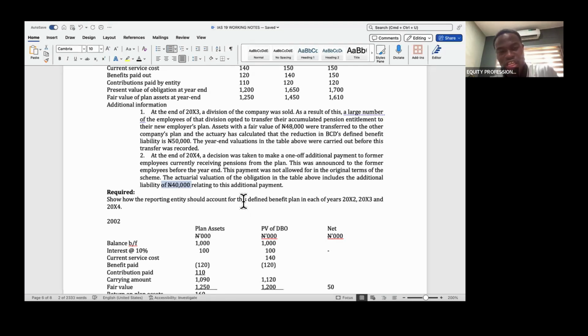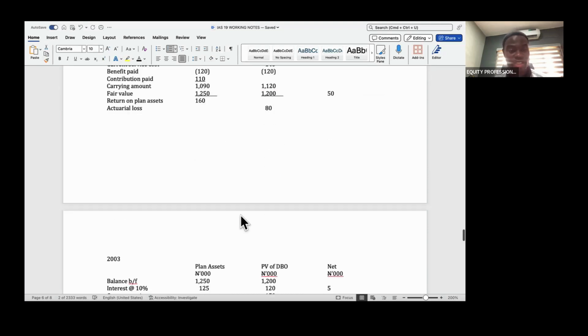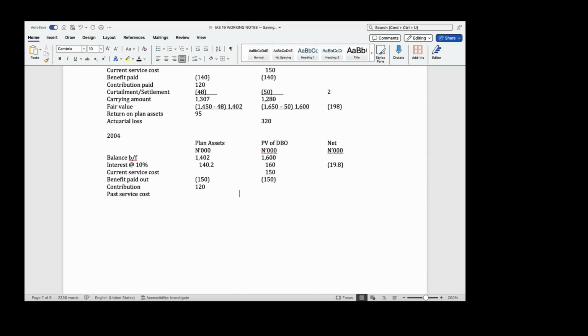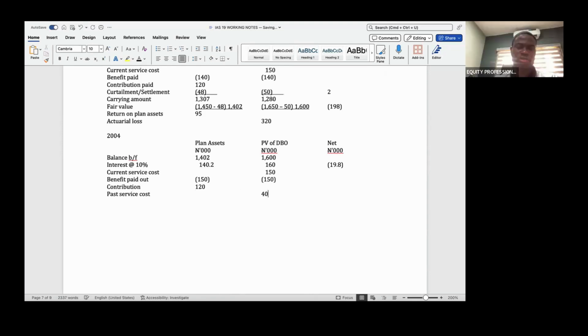So when there is a change in obligation as a result of an amendment, that's a past service cost. So this 40,000 is a past service cost. Where does this past service cost go to? Plan assets or obligation? Obligation. Thank you. 40 obligation. So we're done.